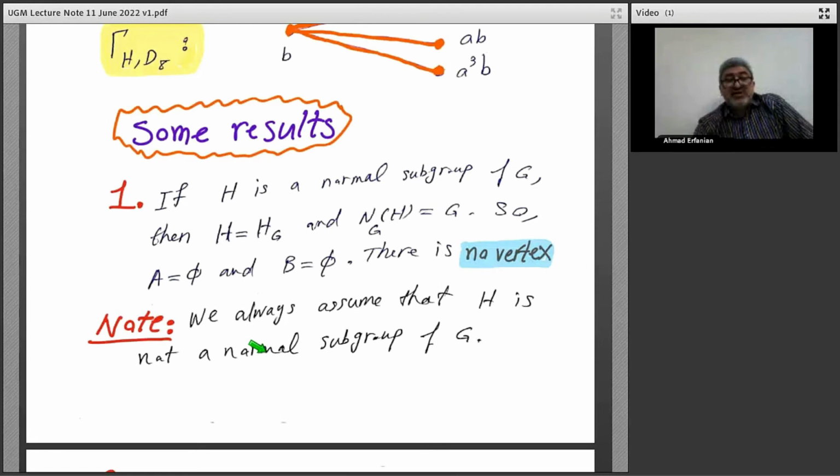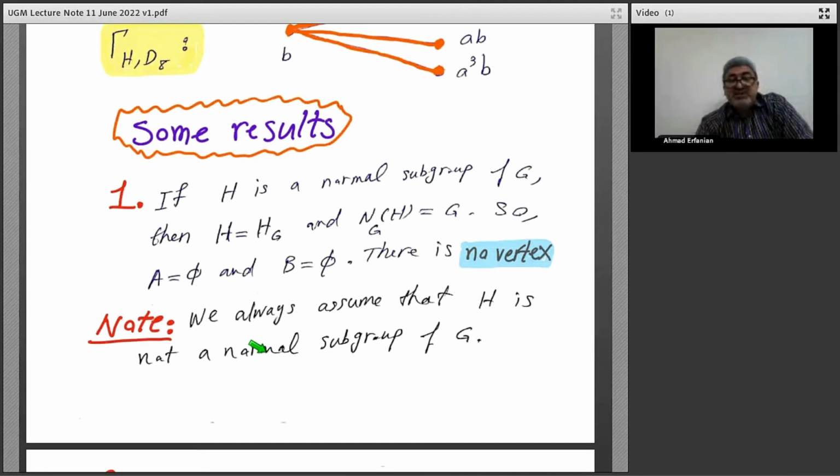If H is a normal subgroup, then we will have no vertices in sets A and B, and since we have no vertices, obviously we don't have any edges.